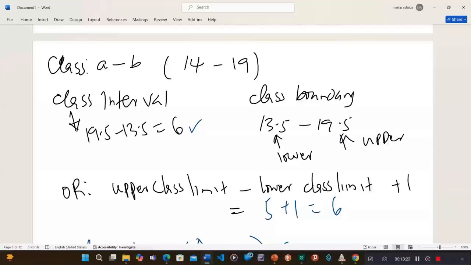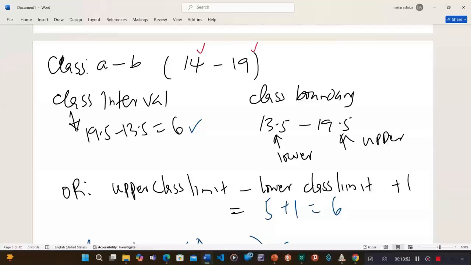If we are asked to calculate the class interval, it will be 19.5 minus 13.5. Or if we are unable to do that, we can get the class limits, upper class limit minus lower class limit. 14 and 19 are the class limits.